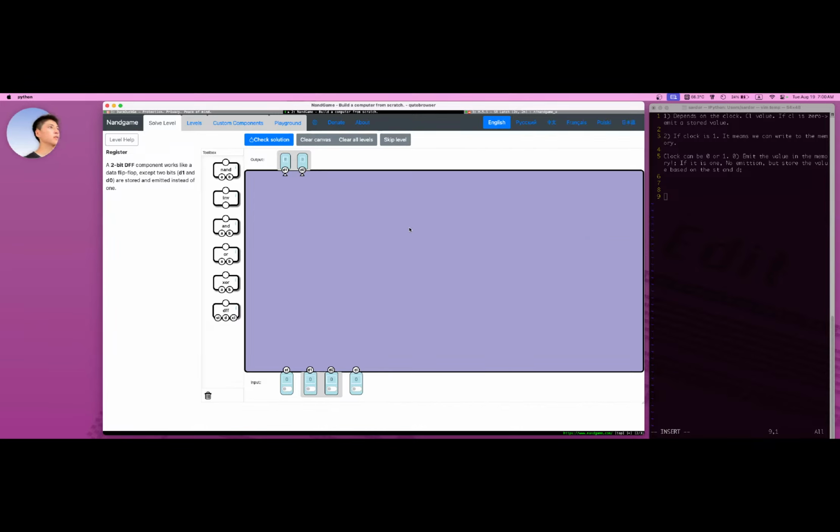Okay. We have the DFF component, except it takes 2 bits. D1 and D0 are stored and emitted instead of 1.